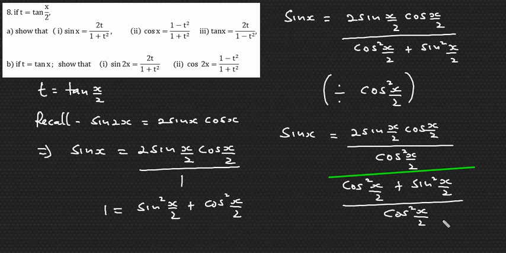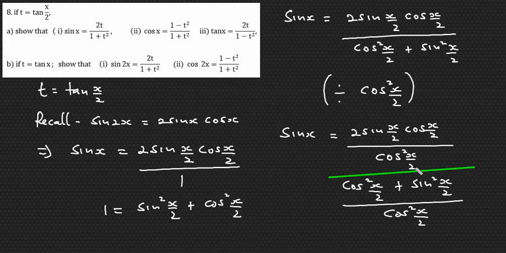I am still with sine. I started with sine. Sine can be written as this. I divide by 1, it is still the same. 1 is sine squared x by 2 plus cos squared x by 2. So dividing by 1 doesn't change. I divided with cos squared x by 2, both in the numerator and the denominator, so the question is still the same.